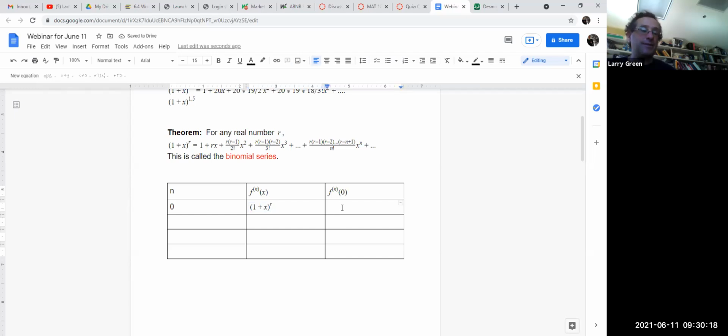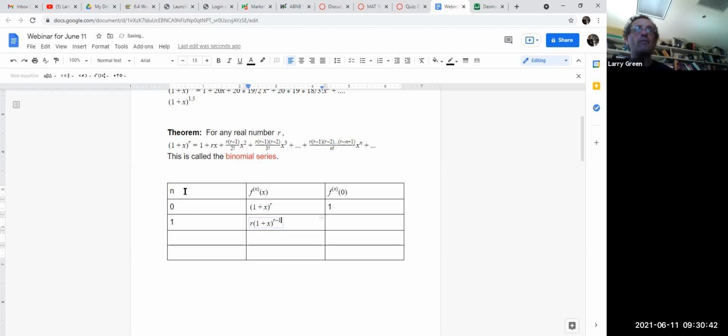Plug in 0, and you get 1. So far so good. I got my 1 because that's what the theorem says. Now n is 1. It's a very simple derivative. I use the power rule: r times (1 + x)^(r - 1). Plug in 0, we get r. Any questions so far?